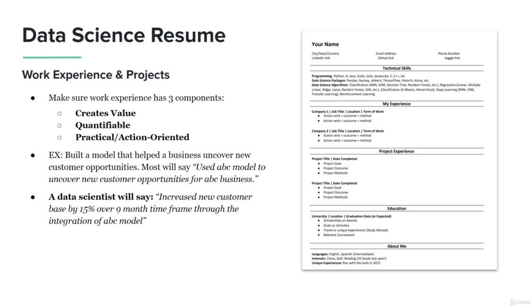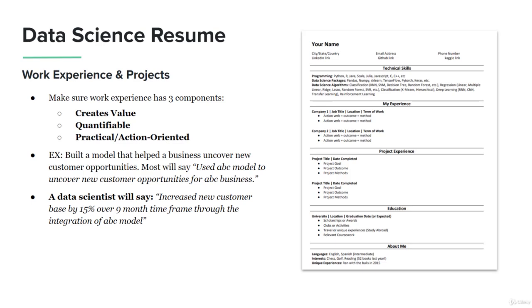So notice the difference there, right? You increased, you did XYZ, and you helped increase the business, the customer base, whatever that may be, right? By XYZ percent over XYZ time frame, and used XYZ model, right?